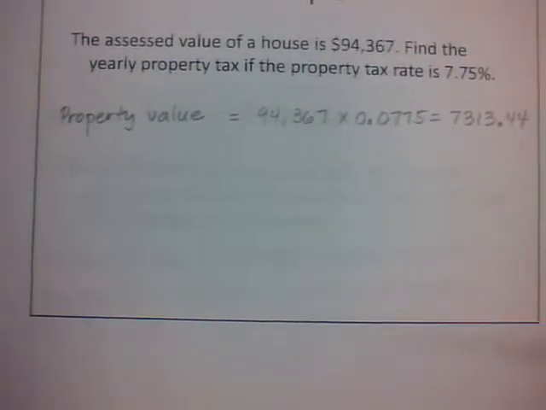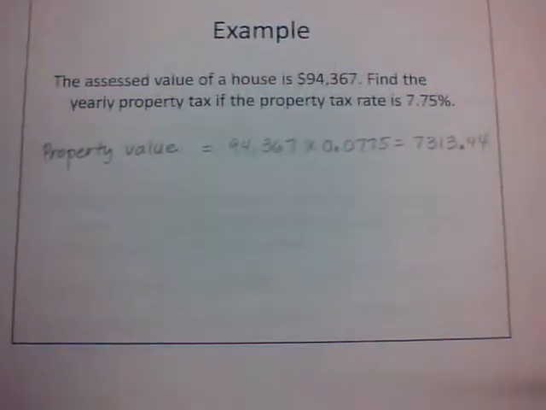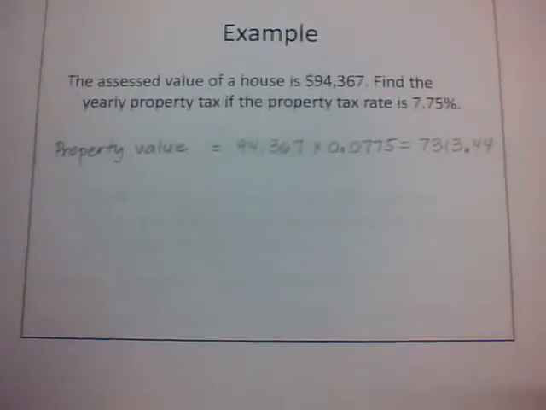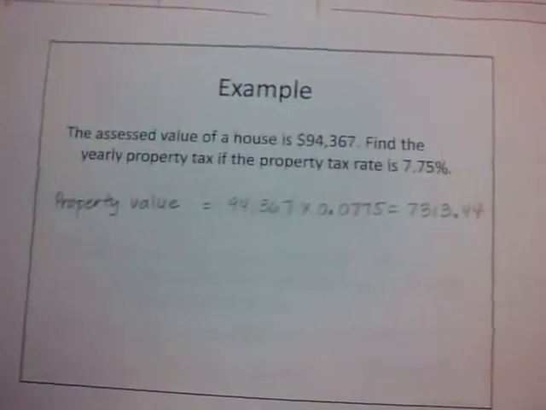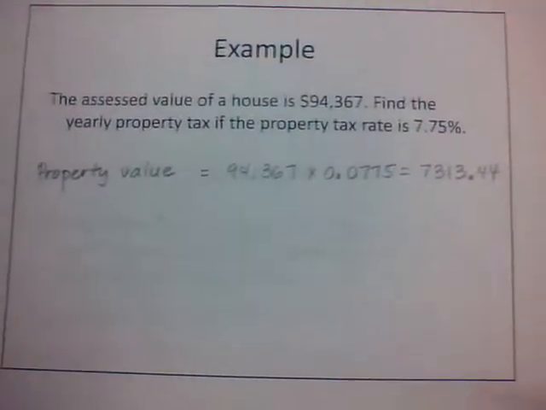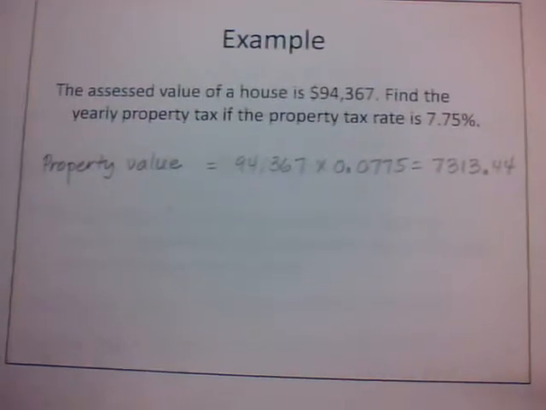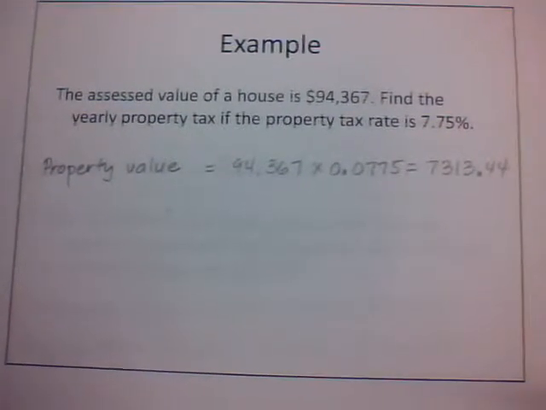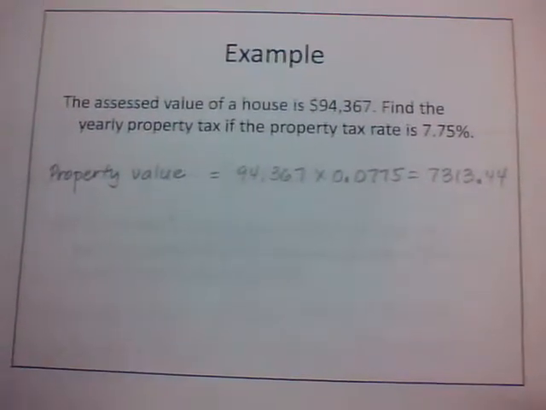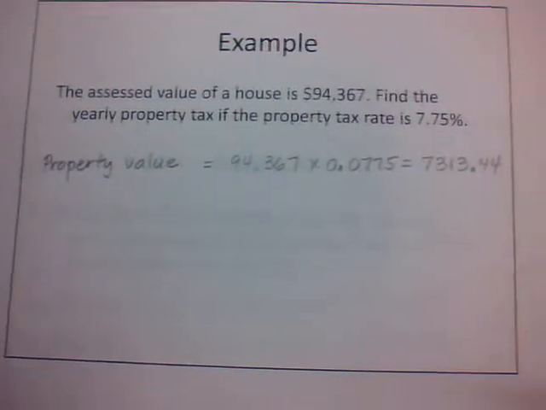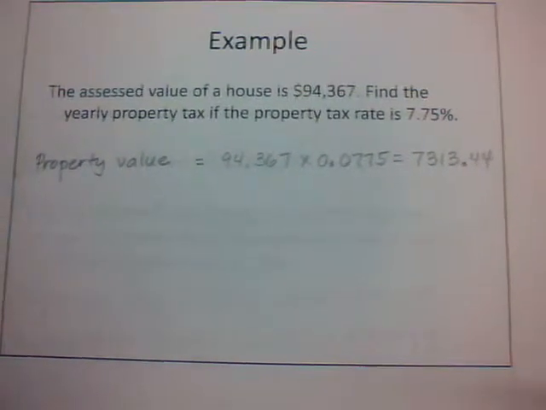All right, another example would be finding the property tax. In this case here, the assessed value of a house is $94,367. Find the yearly property tax if the property tax rate is 7.75%.